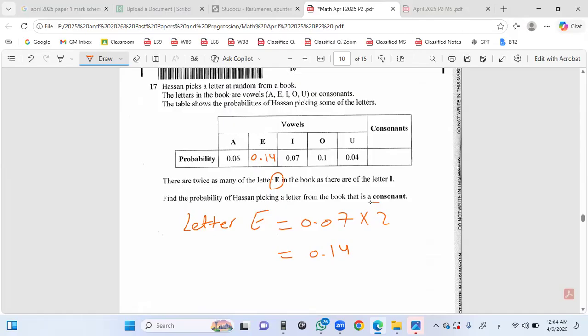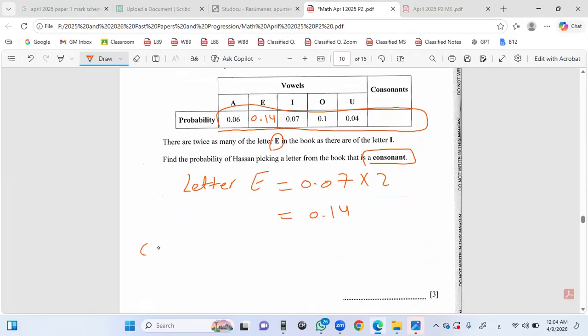Okay. And they wanted the consonant. I know that all of them should add up to 1. So the consonant equals 1 minus, I'm going to add them all up.